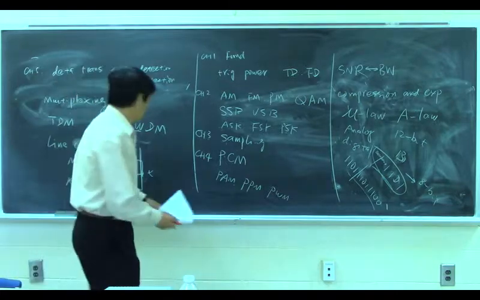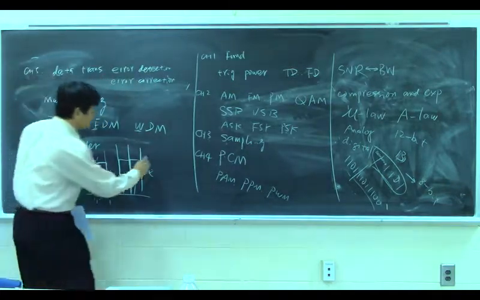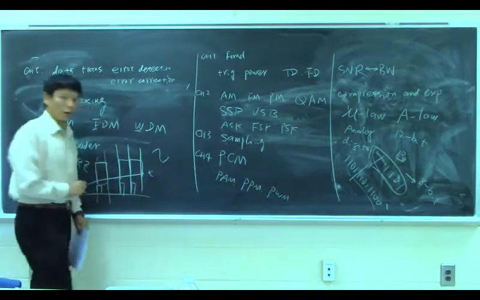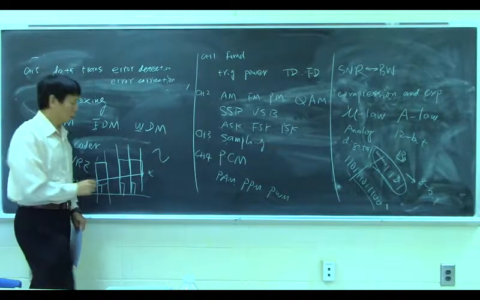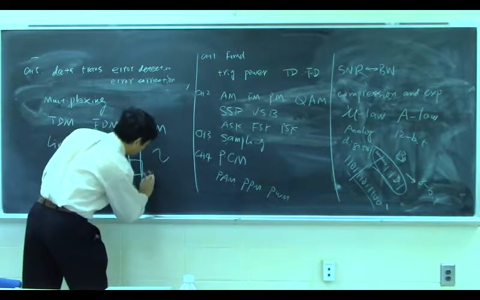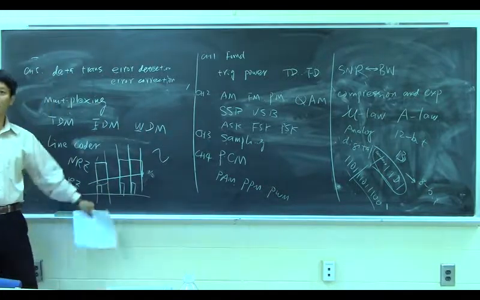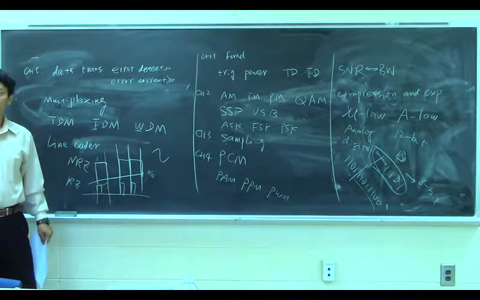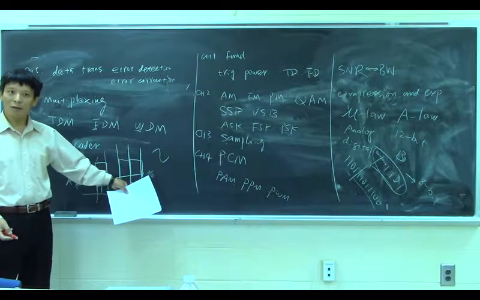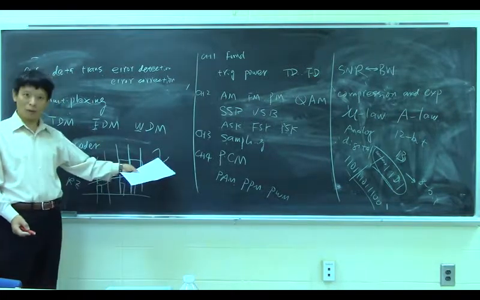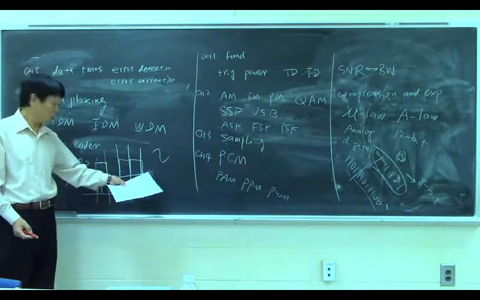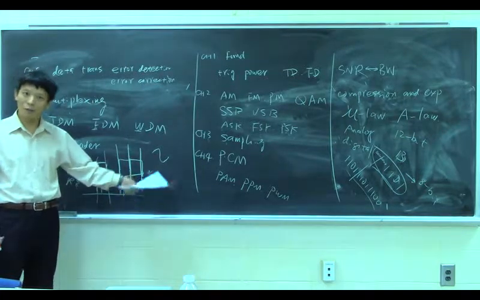How about another one? I use this one to represent 1. I use nothing, 0, to represent 0. Does this work? Every time you see this, you say, oh, this is 1. Every time you see nothing, oh, that is 0. Is it good?